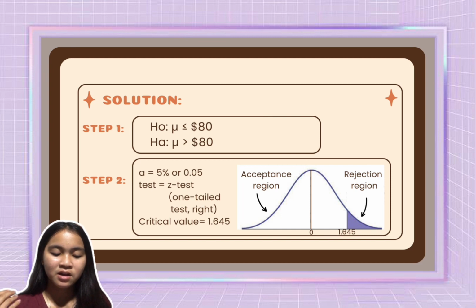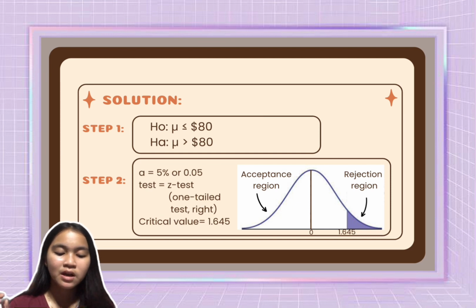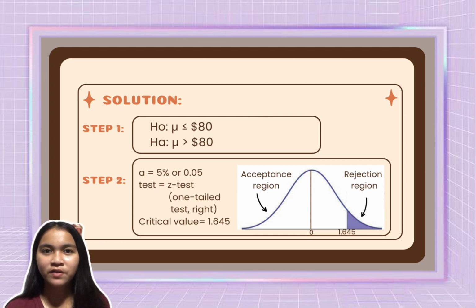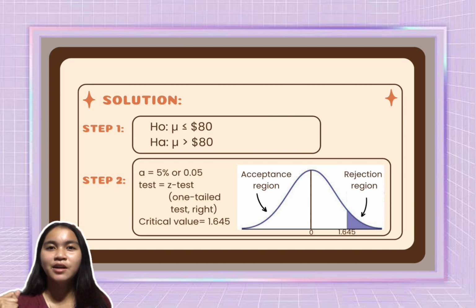Therefore, the alternative hypothesis is the population mean is greater than $80, while the null hypothesis is the population mean is less than or equal to $80.